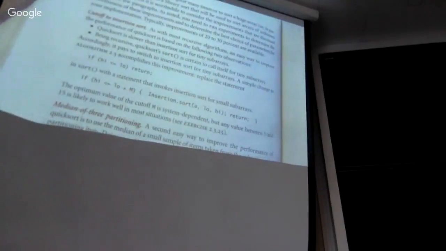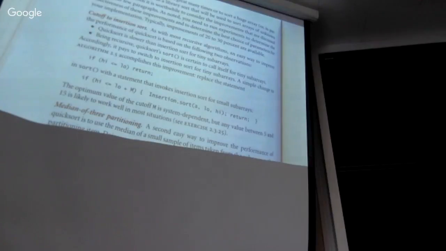You can quickly read through page 296 on a few Java tricks to make quicksort even faster. So they cut off at a certain point. Remember, shell sort also did that, the one you had to go read up on your own.